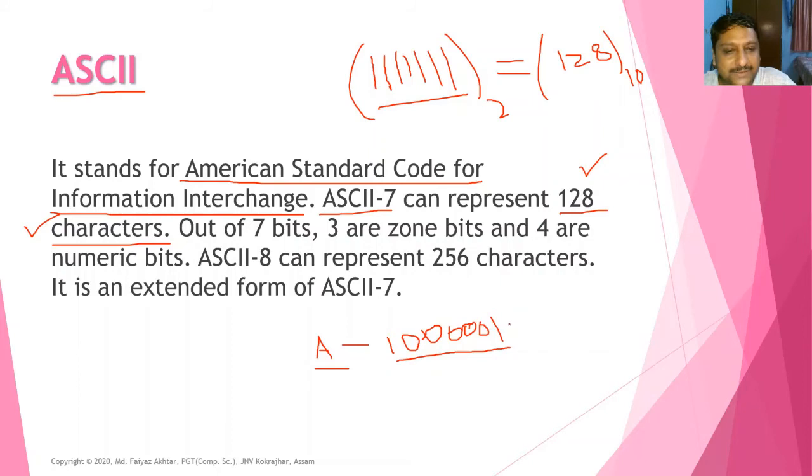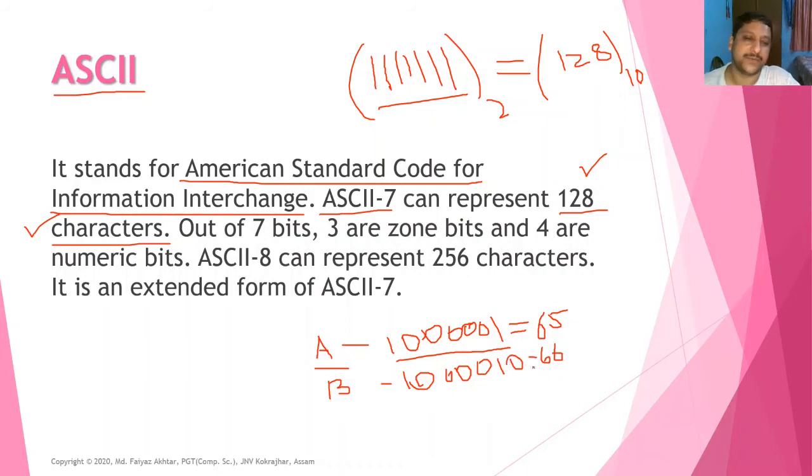Okay, total 7 digits, and if you convert this binary number in decimal, it will become 65. So 65 is given for the ASCII A code. For B, it is given 66 code, and it is like this: 1 0 0 0 0 1 0. Okay, then it is equivalent to 66.